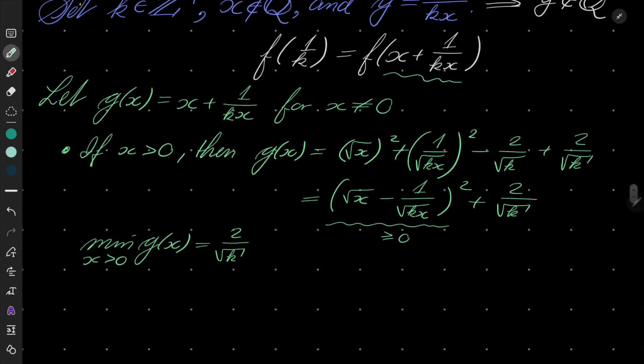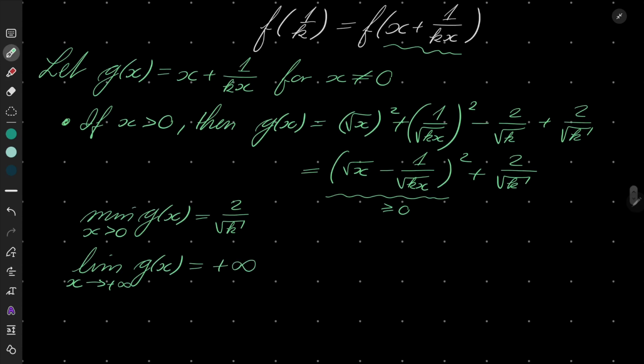Moreover, it should be visible that the limit as x goes to infinity of g of x is plus infinity, and that means, by the continuity of our function, that the range covers everything above that minimum. And let's also notice one more thing: function g is odd.